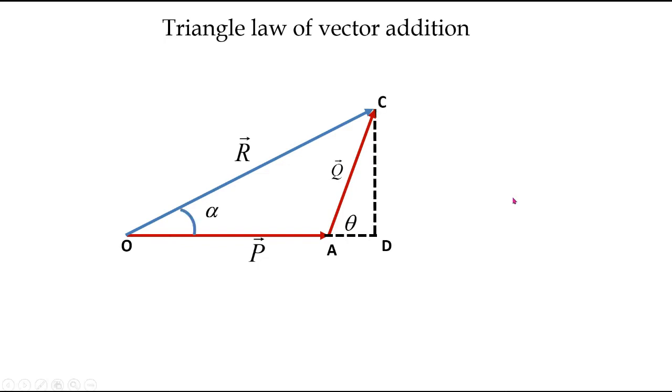So let R bar make an angle alpha with P bar, that is angle AOC is equal to alpha. Let us try to find the magnitude of the resultant vector and draw the perpendicular line from C to D. CD is the perpendicular line.